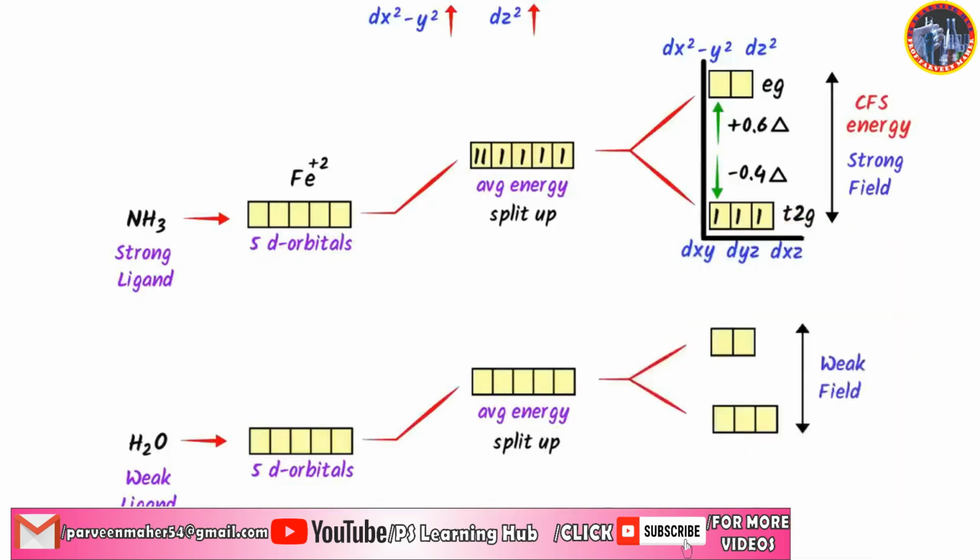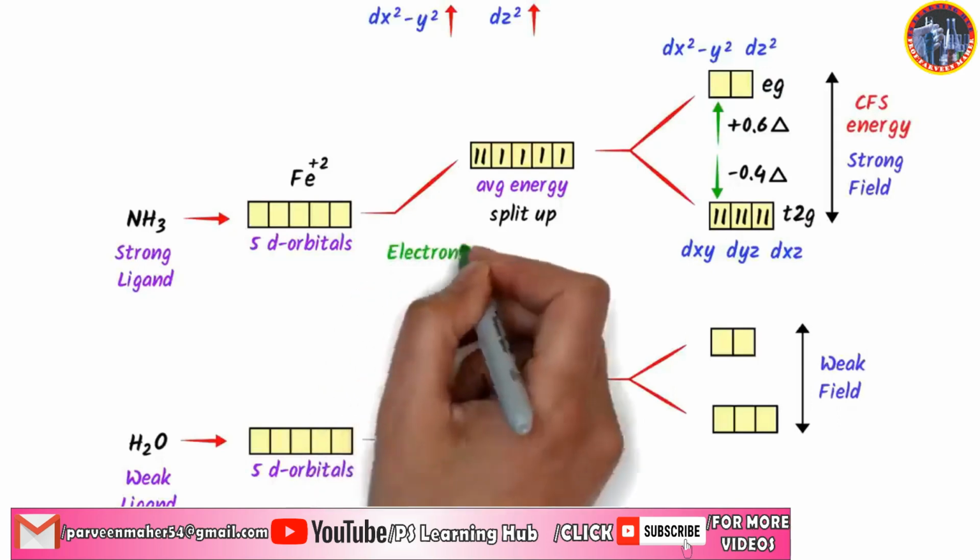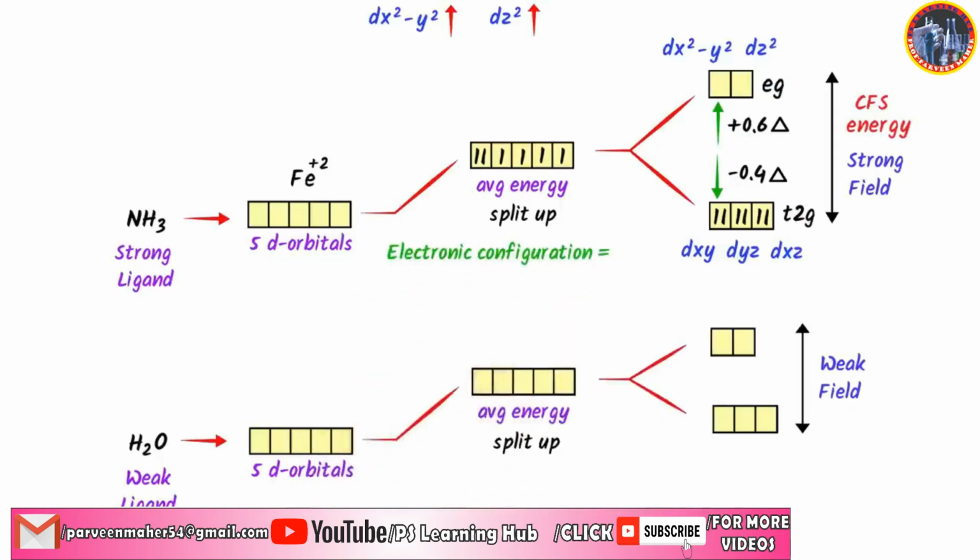Now the energy gap is very high between these two sets, so the 4th electron will stay in this orbital, the 5th electron will stay in this orbital, and the 6th electron will stay in this orbital. Now to write the electronic configuration, we know that in T2g there are 6 electrons. So this is the electronic configuration for this system.